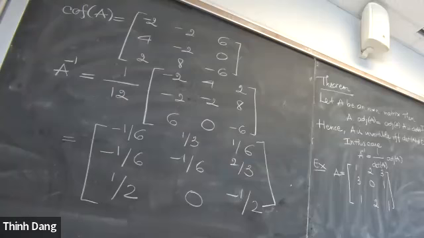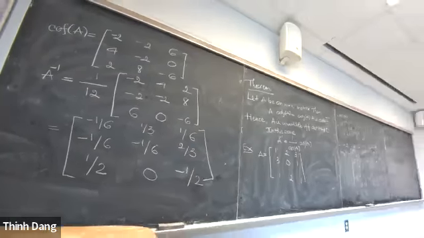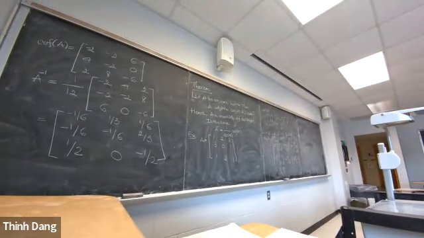Up until this point, you now have two methods to find the inverse of a matrix. The first is to use the augmented matrix [A | I] and transform it into [I | A inverse]. Or you can use this cofactor matrix formula to find the inverse.